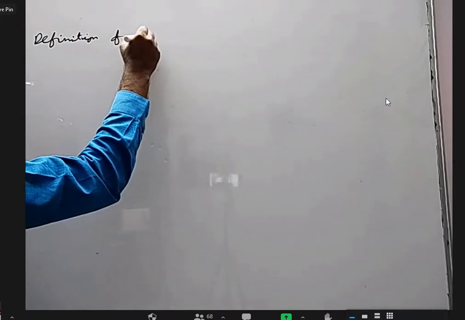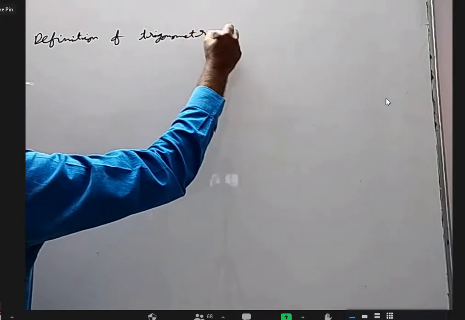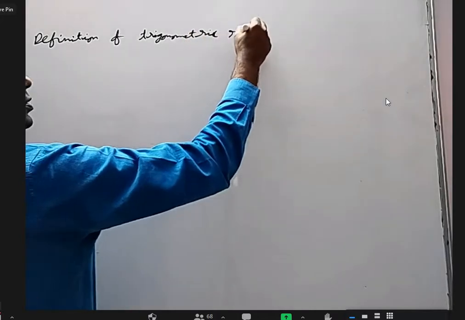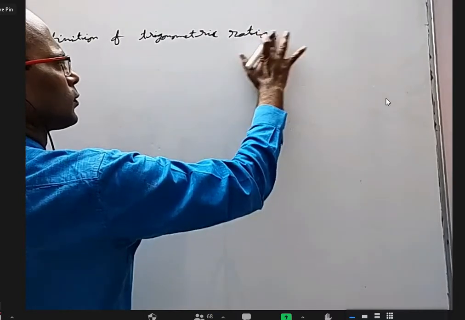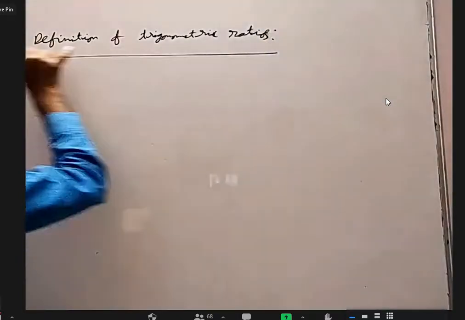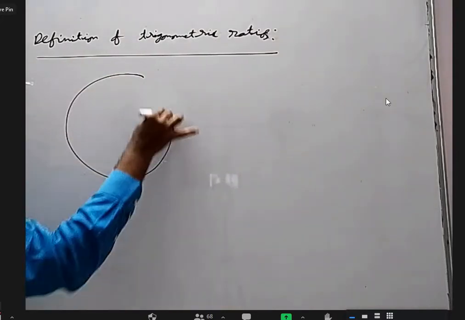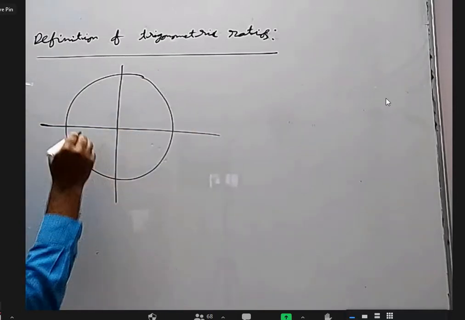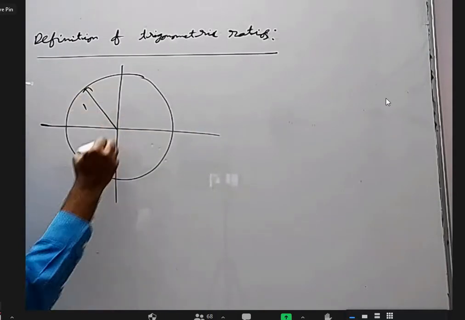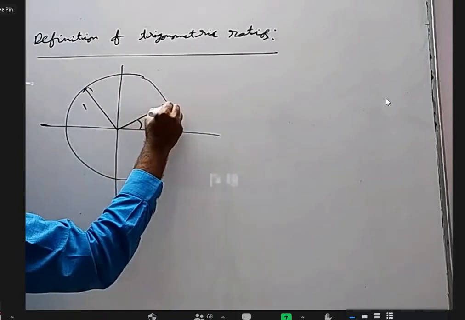Definition of trigonometric functions. Okay. So we will take this radius as 1 unit, and rotate by an angle theta.